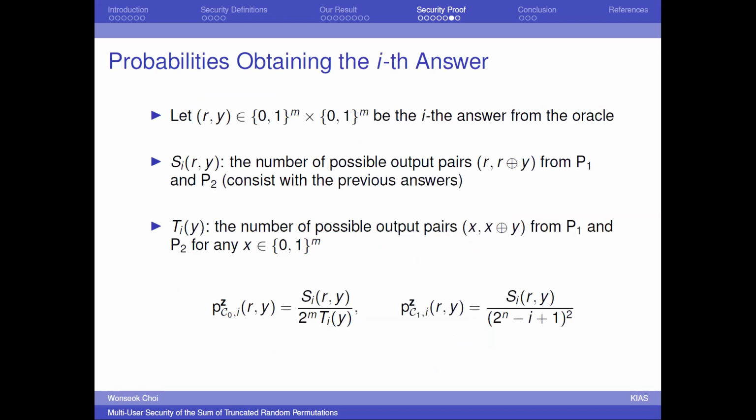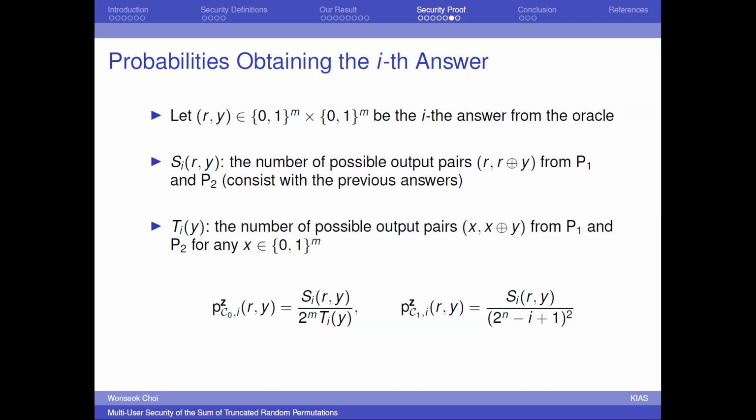How do we do this? Let the ith answer be R and Y, then we define two random variables. S_i(R,Y) is the number of possible output pairs from P1 and P2 consistent with the previous answers, and T_i(Y) is the number of possible output pairs from P1 and P2 for any X. Then the probability of obtaining the ith answer in the ideal world and real world will be like this.